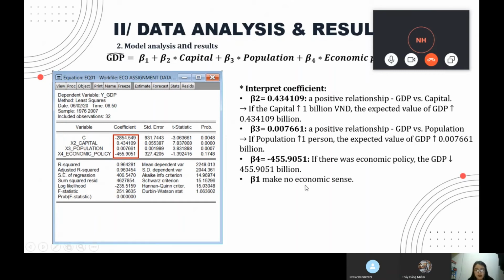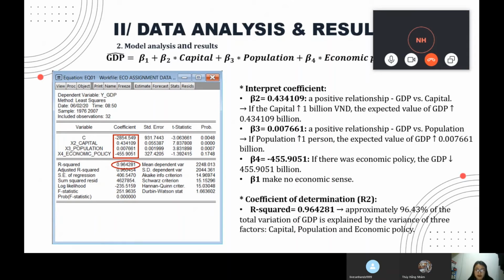And in this function, beta 1 makes no economic sense, so we don't want to mention it here. And then the last one I want to talk about is the coefficient of determination, which is the R square.